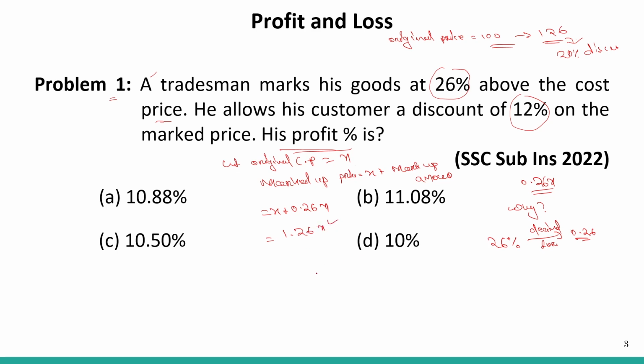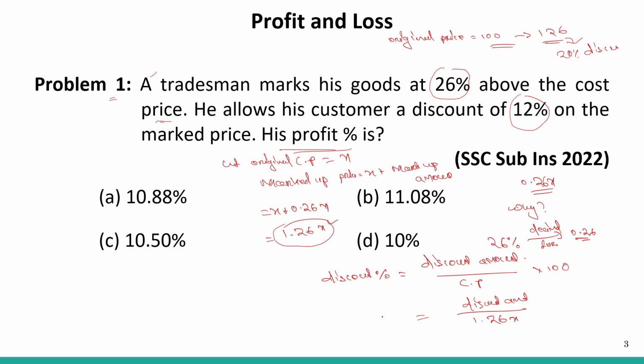So he gives a 12% discount. The discount percentage is equal to discount amount divided by the cost price, into 100. Here the price is 1.26x and the discount amount is unknown, and the percentage is given as 12%.